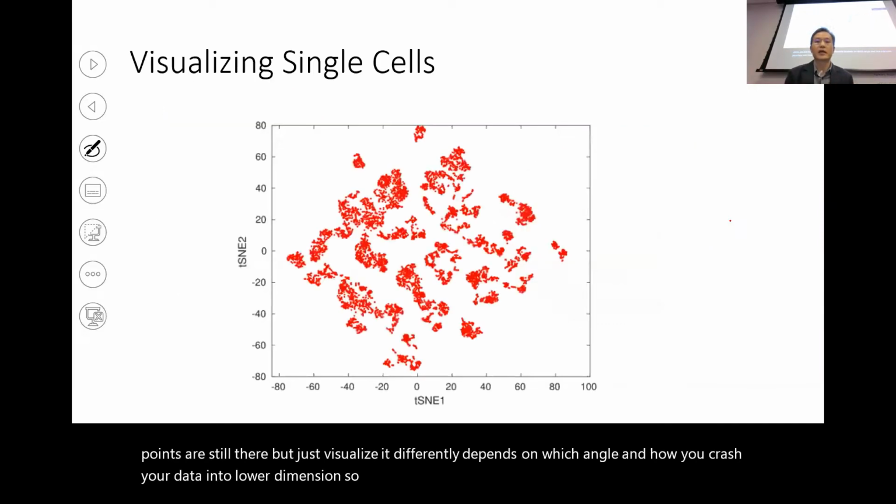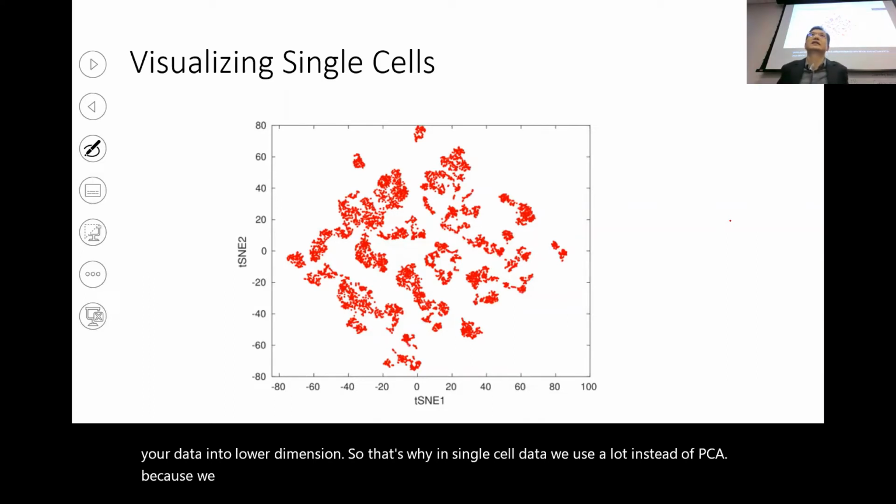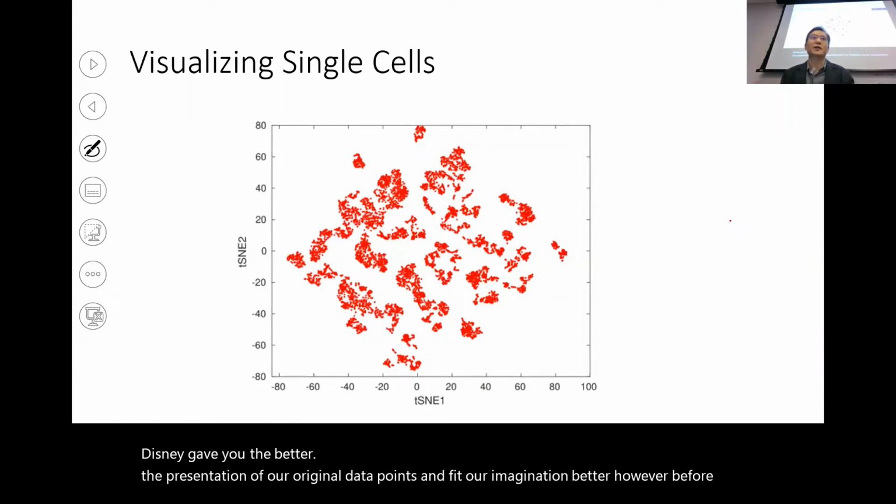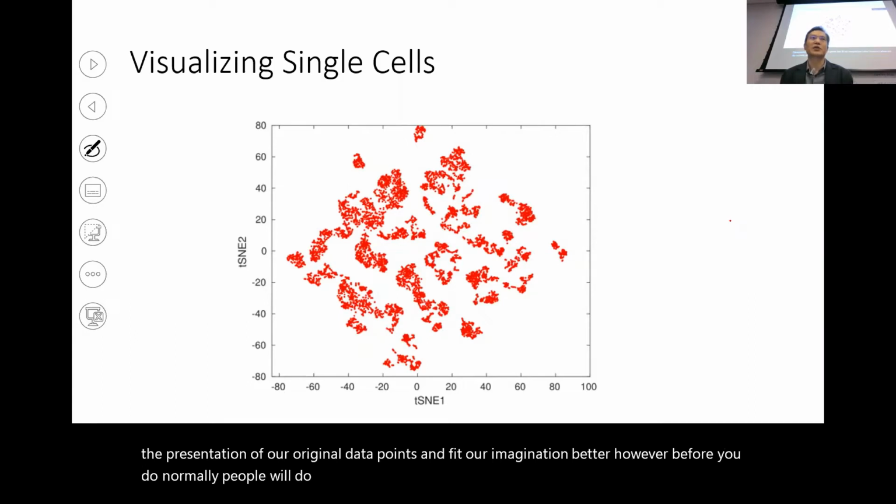So that's why in single cell data, we use t-SNE a lot instead of PCA, because we realize t-SNE gives you a better representation of the original data points and fits our imagination better. However, before you do t-SNE, normally people will do PCA first to initialize the position of the cells.